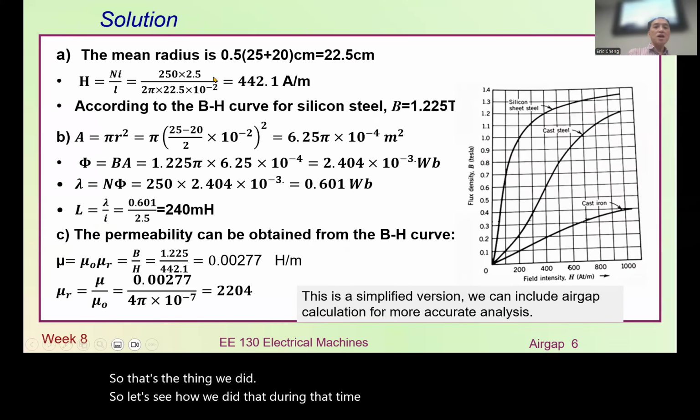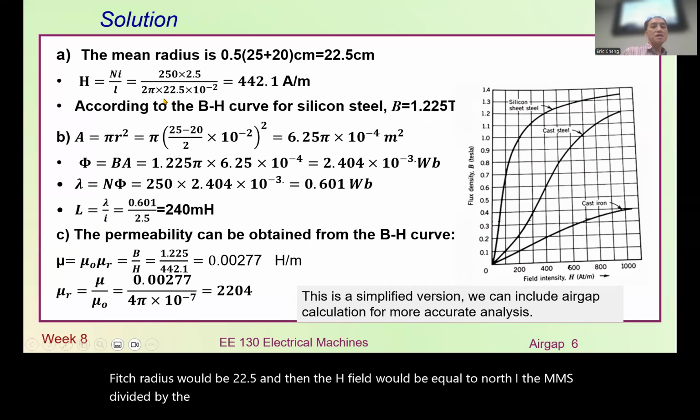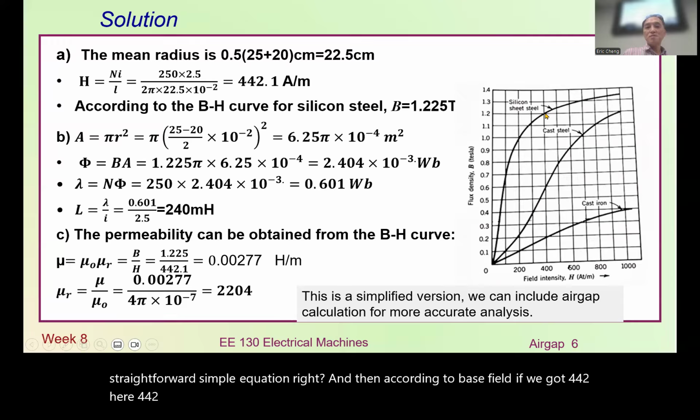We say the phase radius will be 22.5, and the H field will be equal to Ni, the MMF, divided by the length, 2 pi r. This is the phase radius, then we get the H field. That's a straightforward, simple equation. Then according to the BH curve, if we got 442 here, we get roughly 1.2 something.